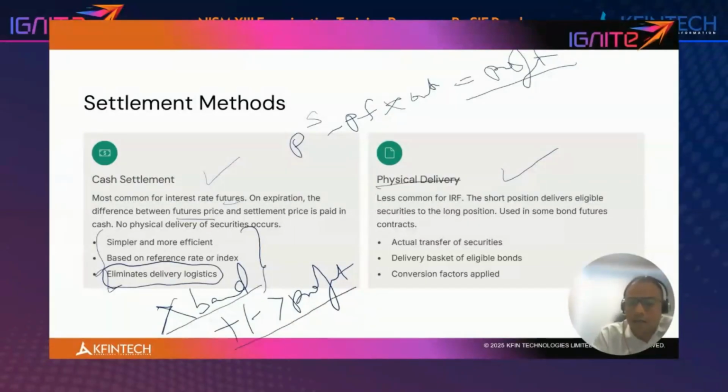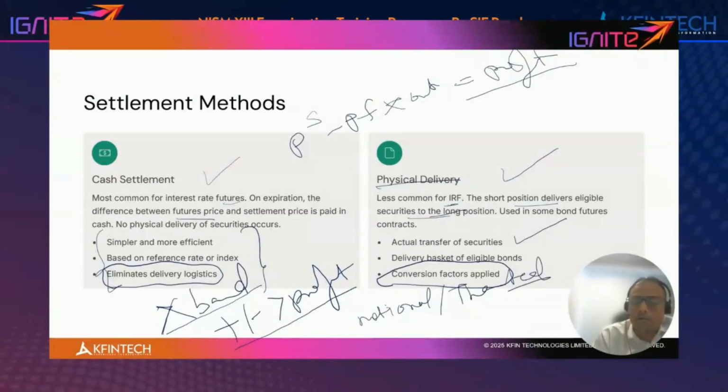In physical delivery, less common for interest rate futures, the short position delivers the securities. The short position delivers the security, actual transfer of security. Conversion factors applied. Now, in the previous slide, we saw that there could be a notional or a theoretical bond. What is a theoretical bond? Suppose I want to enter into a 6% YTM 3-month contract.